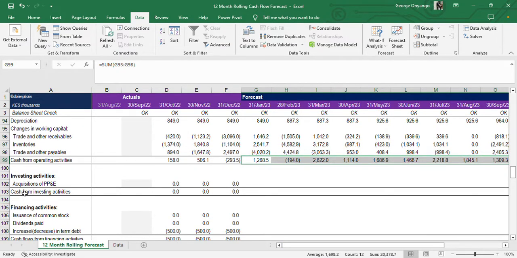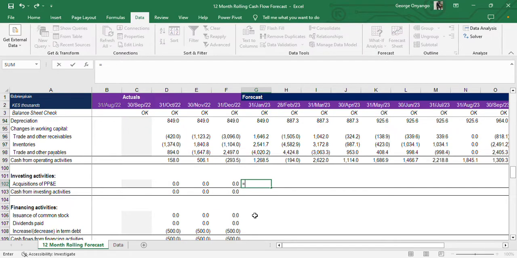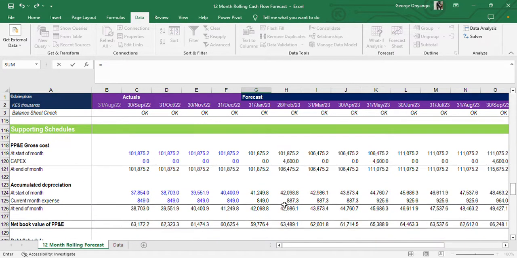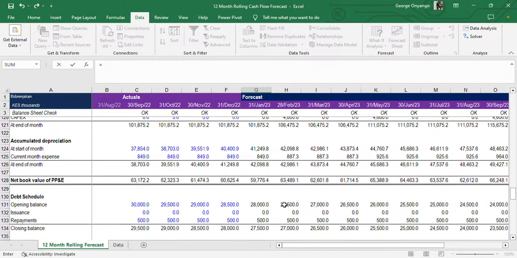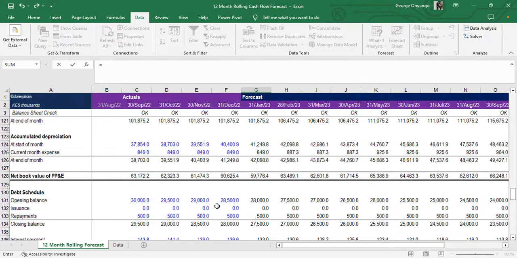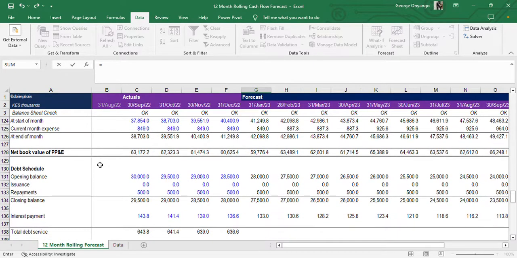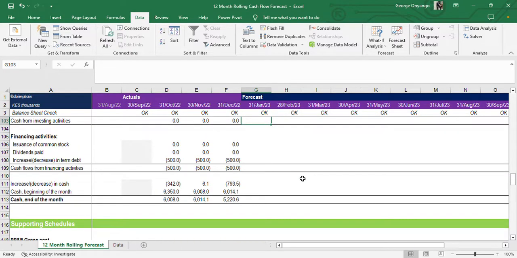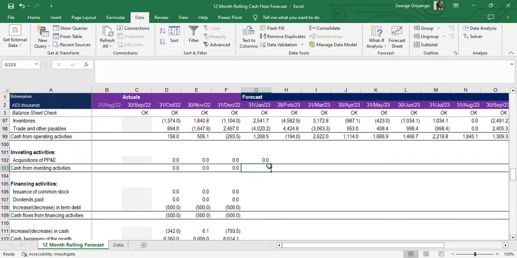Then we have the acquisition of PP&E. Did they acquire any property, plant and equipment within the period? That one we can get from the supporting schedules, where we have the capital expenditure.